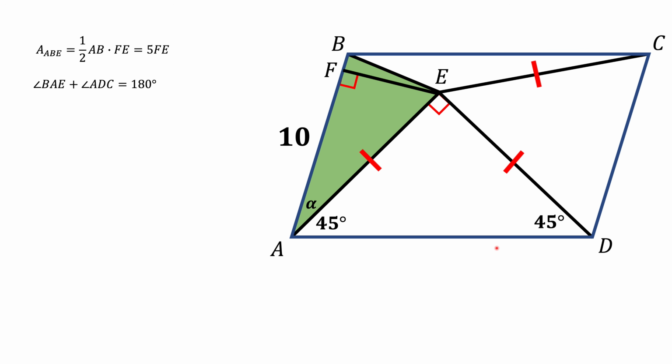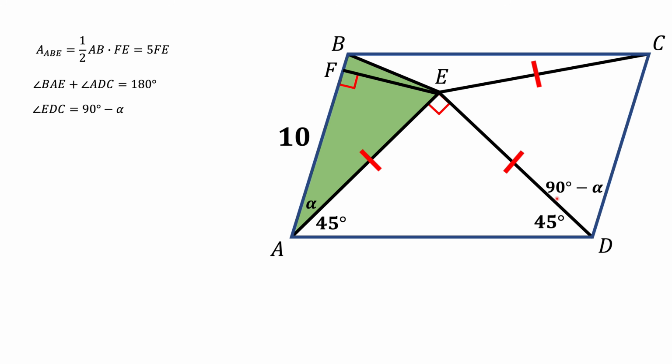Out of those 180 degrees, we have 45 here, 45 here. So what we have left is 90 degrees, and those 90 degrees go on this angle alpha and the angle right here, angle EDC. And that means that this angle EDC should be 90 degrees minus alpha.